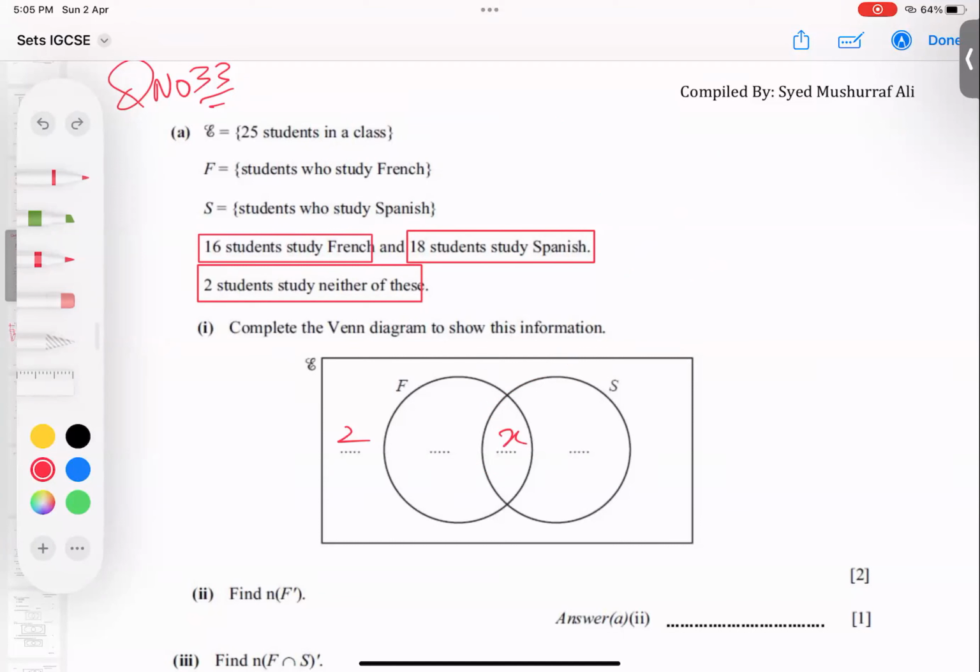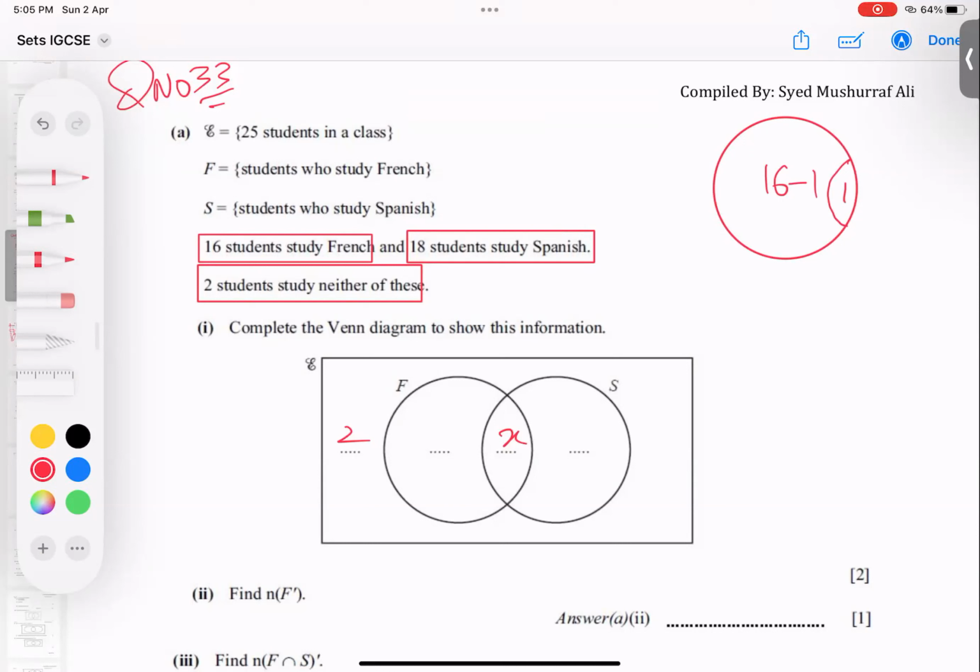Once again, one important thing here. This is a circle. Let's say there are 16 students studying French. If I take one person outside, here must be 16 minus 1.